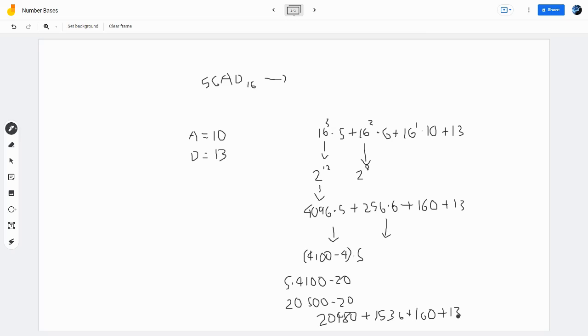So if we add all of these things together, we're going to get 22189. And that's our answer. So you can see how numbers scale much faster in base 16 than base 10. Generally, of course, numbers in a higher base will have much larger representations in lower bases.